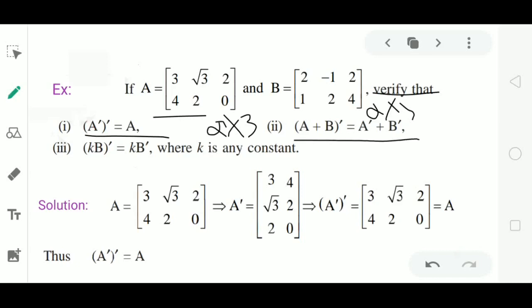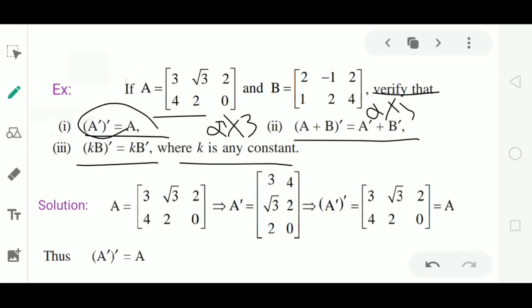A plus B whole dash equal to A dash plus B dash, third property of transpose of matrix. KB whole dash equal to KB dash, where K is any constant, second property of transpose of matrices. Let us prove the first one.